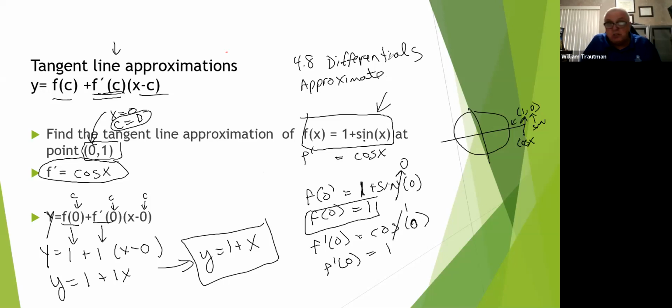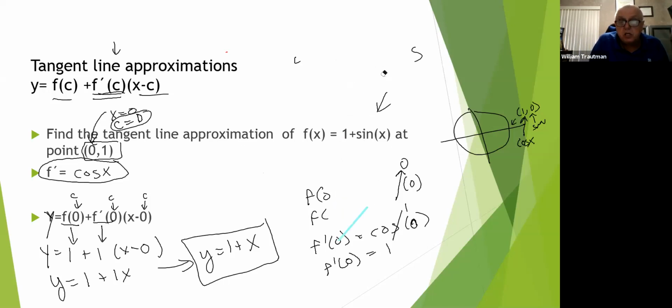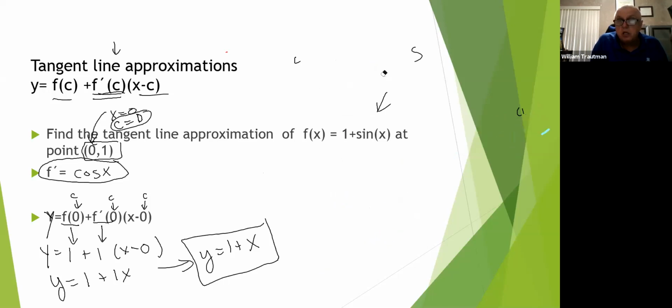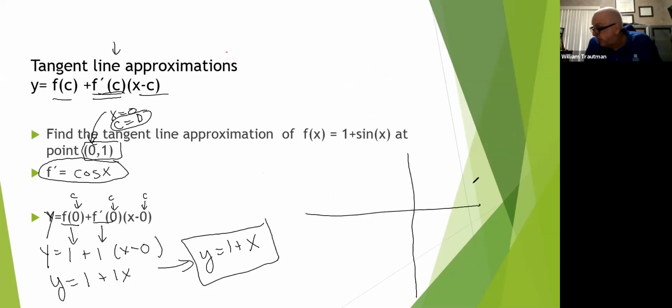In the book, it shows a picture of that. I'm going to erase this and try to draw you this picture. If we have a graph, 1 plus the sine of x looks like this.